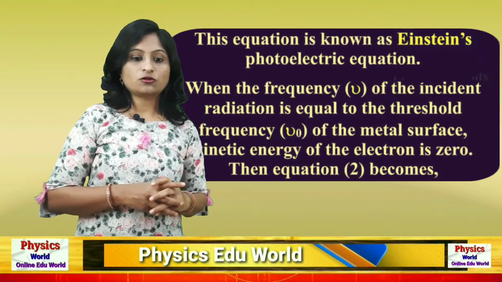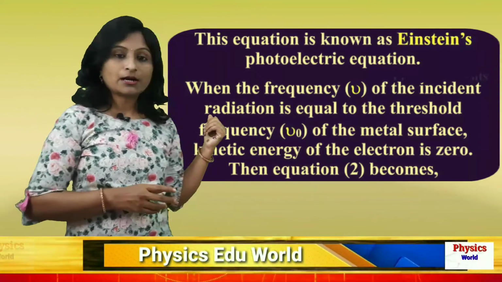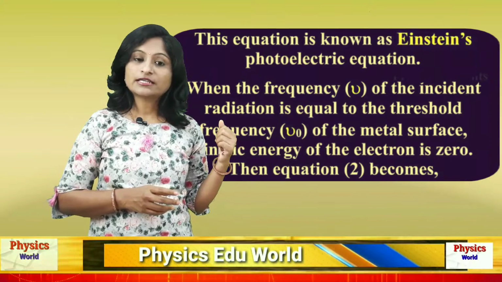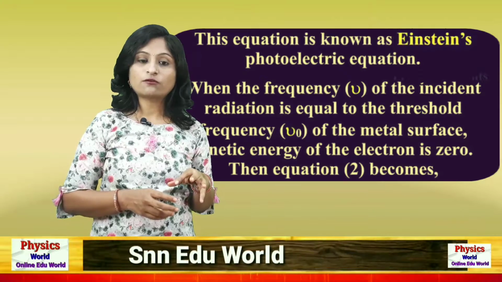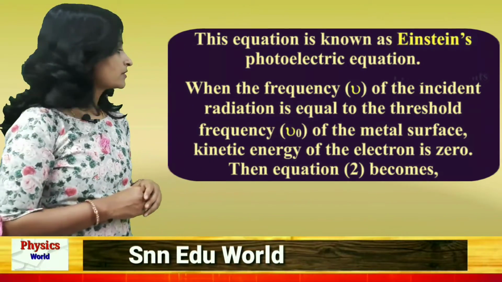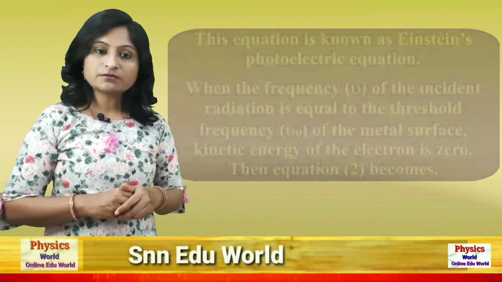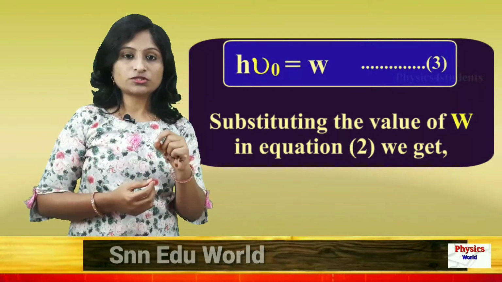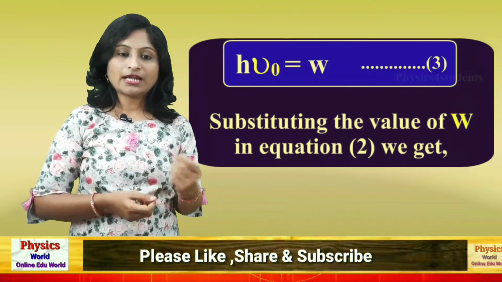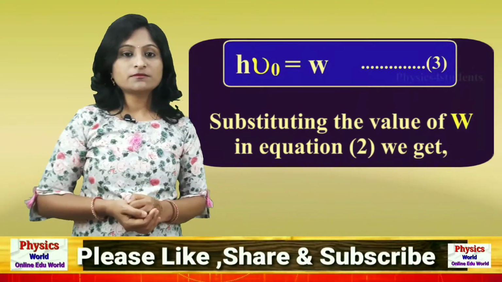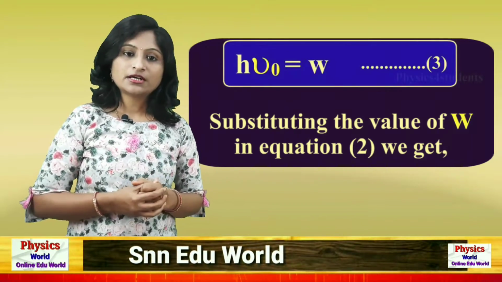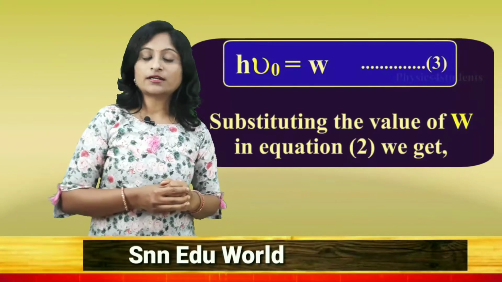So that is the threshold frequency. We will apply this concept in equation number 1 and get the second format of the equation. Work function is the energy required to just emit the electron, and threshold frequency is the minimum frequency required to emit the electron, so they are both related.